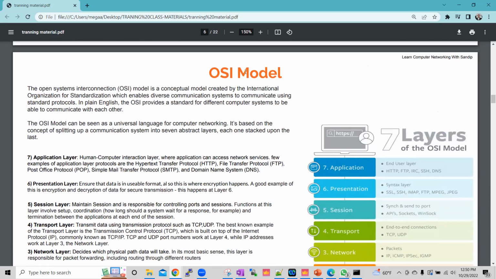I don't need to define it or start reading the definition. We just need to tell ourselves what it means. The OSI model, as the name implies, is just a model. A model means a kind of guide or a virtual guide. It doesn't exist physically.